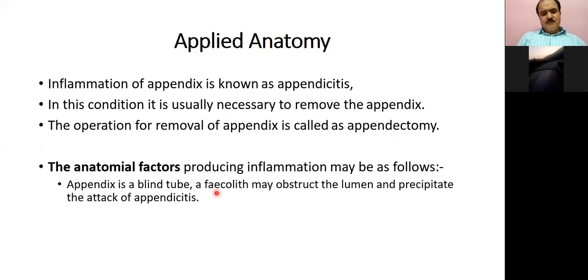So if a fecalith goes inside it, fecalith meaning hardened fecal matter, and gets entrapped in the appendicular canal, it may obstruct the lumen and precipitate an attack of appendicitis. Or if a worm enters the appendix, that may block it and lead to inflammation, causing appendicitis.